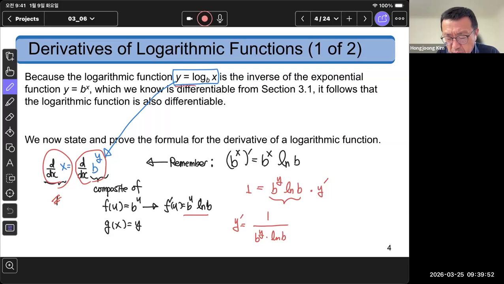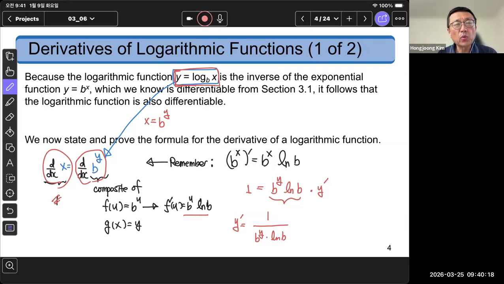We initiated our consideration with y equals log of x with base b, and at that point, I temporarily expressed x as b to the y, and then I differentiated each side of this equation and applied implicit differentiation, right?